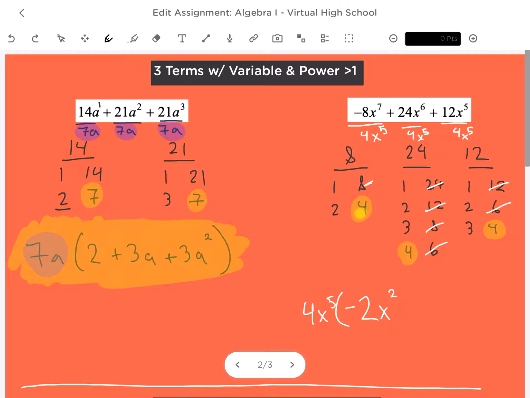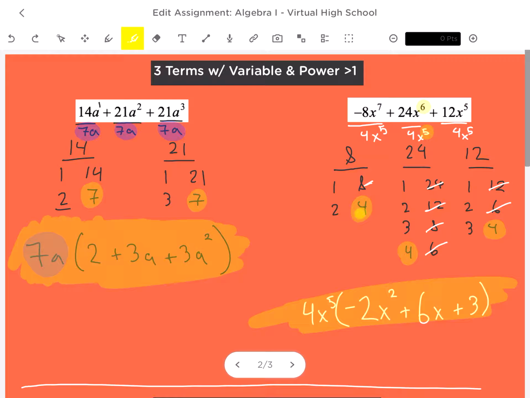X to the 6th over x to the 5th is x, and 24 divided by 4 is 6, so 6x, right? Because this is x to the 6th, 6 minus 5, x to the 6th divided by x to the 5th. Then 12 divided by 4 is 3, and the variables cancel out there. So there is my answer.